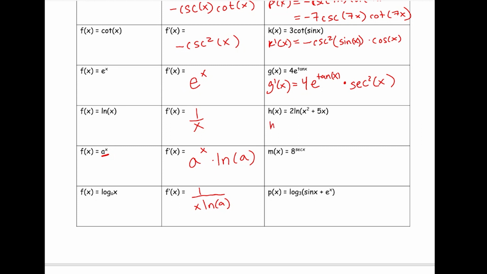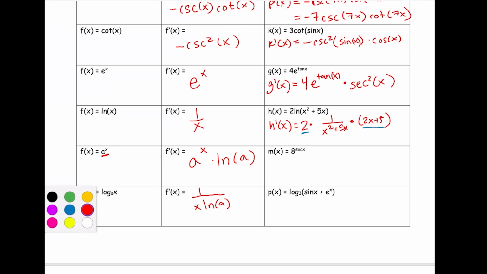So h prime is going to be 2 times 1 over x squared plus 5x times the derivative of that expression, x squared plus 5x, which would be 2x plus 5. So you could clean this up a little bit and put the 2 and the 2x plus 5 in the numerator. 2 times 2x plus 5 is going to be 4x plus 10.